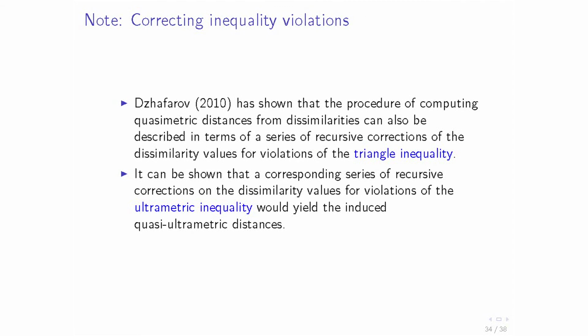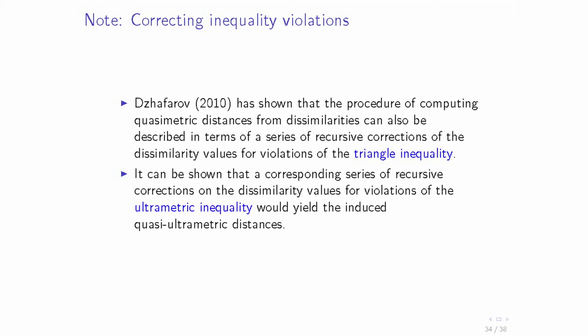And let me just finish with a number of remarks on this ultrametric case. One thing that's very interesting that Etibar showed in 2010 is that the procedure of computing quasimetric distances from dissimilarities can also be described in terms of a series of recursive corrections of the dissimilarity values for violations of the triangle inequality. So whenever there's a violation in the triangle inequality, you repair it, so to say.